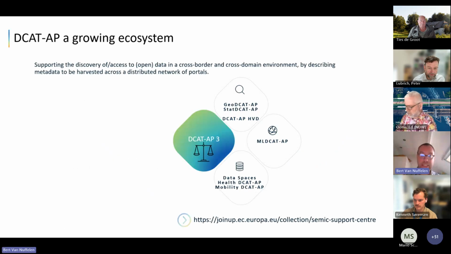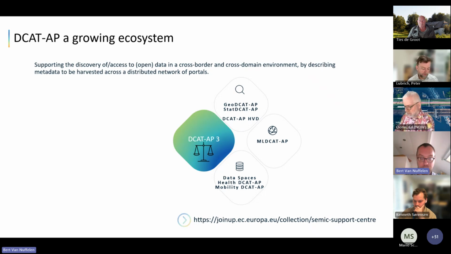So as said, DCAT-AP is an ever-growing ecosystem of metadata descriptions. It started 15 years back with a focus on open data and having open data portals being connected. But nowadays it has grown way beyond that with the data spaces.